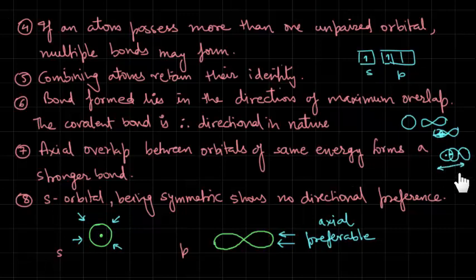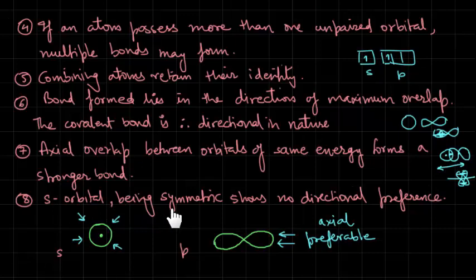But sometimes the p orbitals overlap like this. Here the bond axis is this, but the overlap itself is not along the axis. Therefore, this is not as strong as the other one.